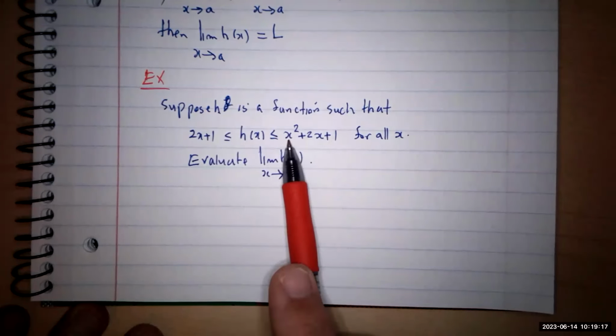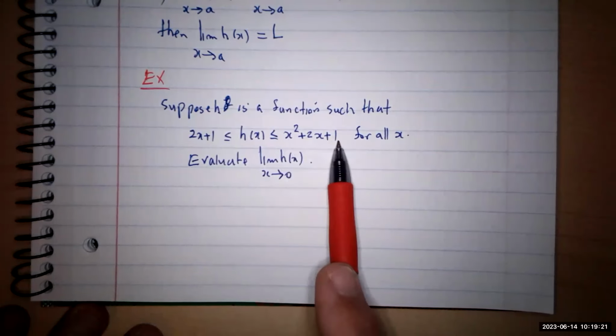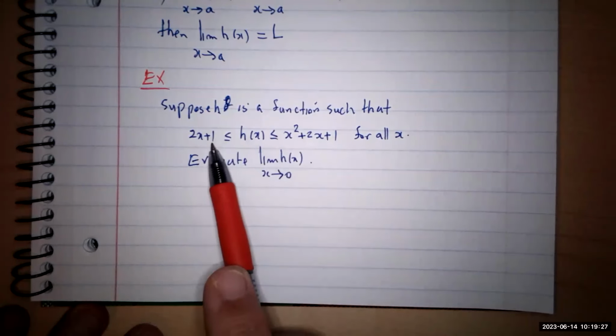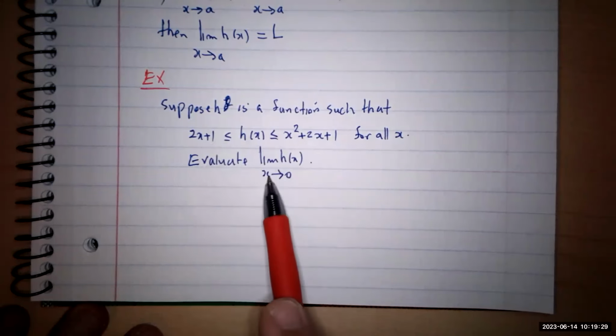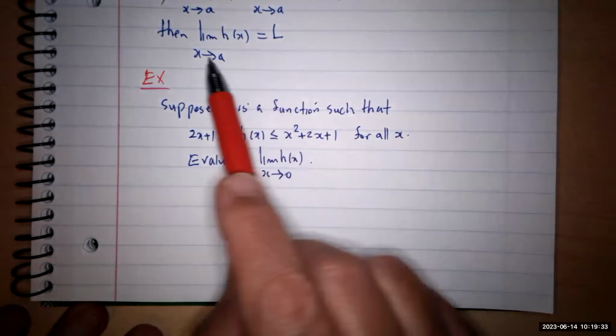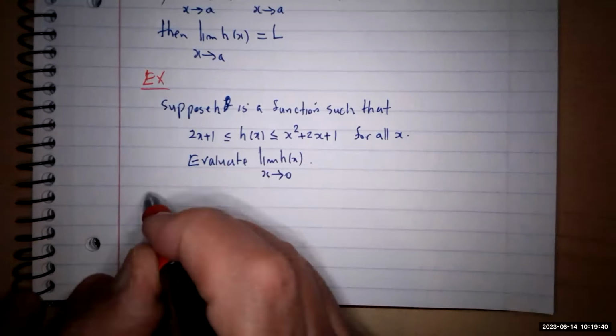You substitute, because it is a polynomial, and the limit would be 1. You find the limit of the function on the left, 2x plus 1. When x goes to 0, you substitute and get 1. So 1 and 1. According to the squeeze theorem, the limit of the middle one is also equal to 1, and you're done. This is the way we do the solution.